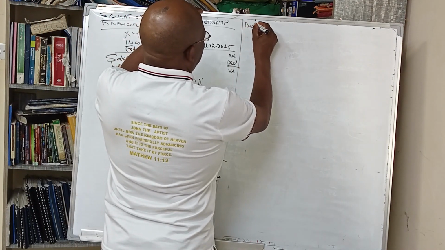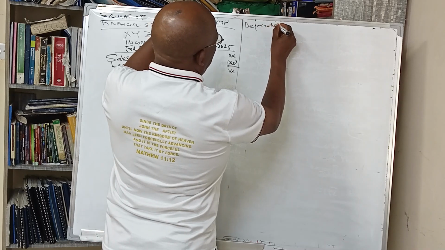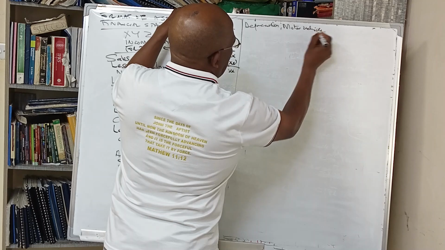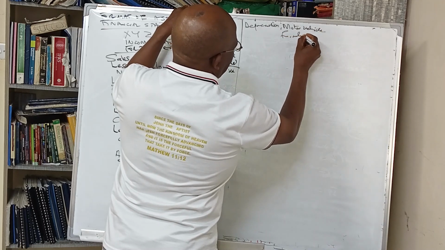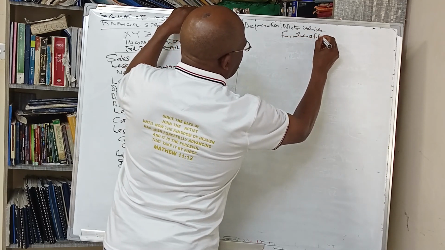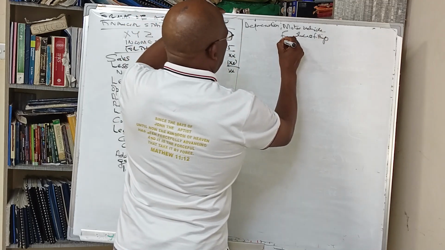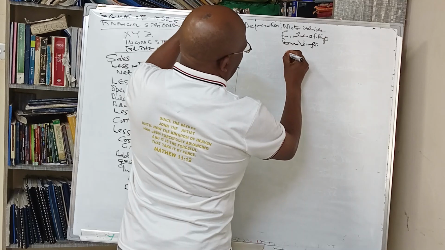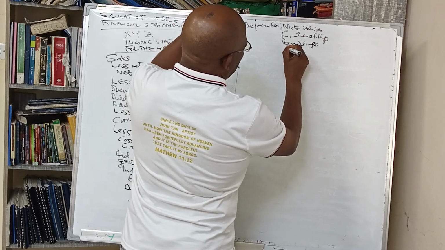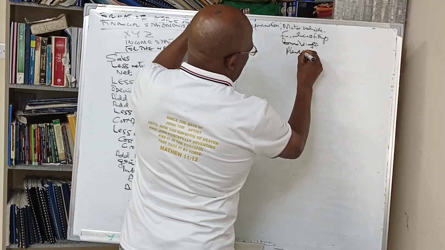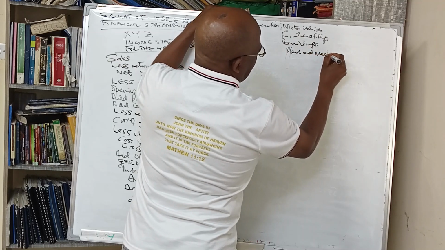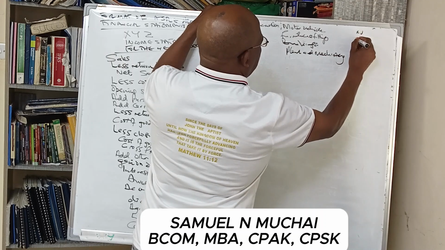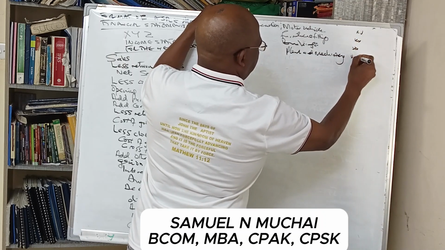We could also talk about depreciation expense, and we could say the motor vehicle, furniture and fittings, buildings, plant and machinery. So we get their depreciation for the year, the annual depreciation.